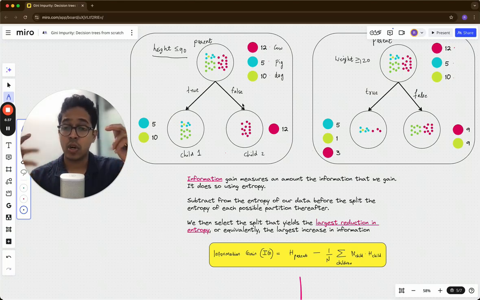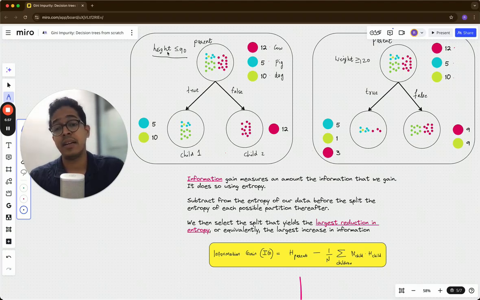If things are not random, things are certain, and if things are certain, it is information. So whichever split gives more information gain, we go with that split. And we saw that in this case, the height-based splitting resulted in better entropy reduction or better information gain.